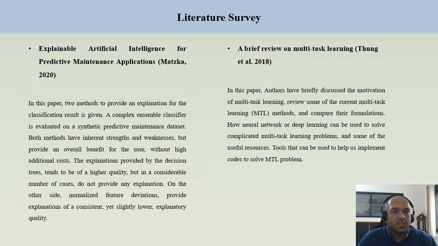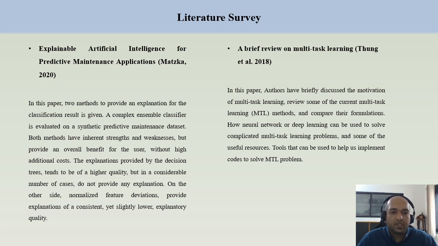Next paper is Explainable Artificial Intelligence for Predictive Maintenance Applications, published in 2020. In this paper, two methods to provide an explanation for classification results are given. A complex ensemble classifier is evaluated on a synthetic predictive maintenance dataset.